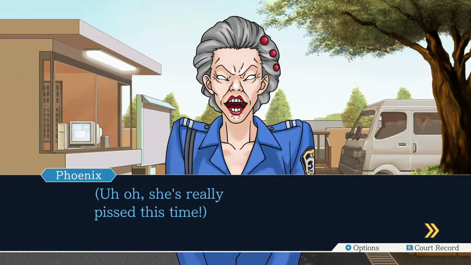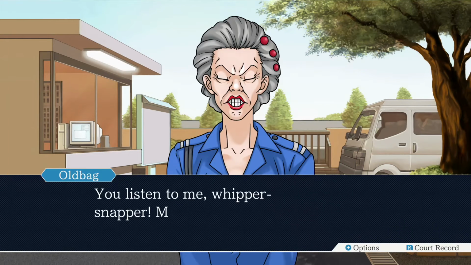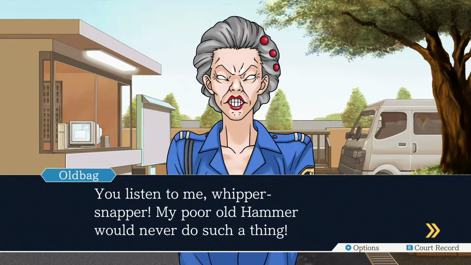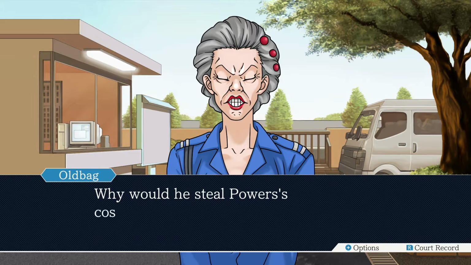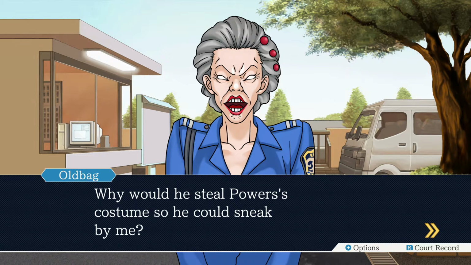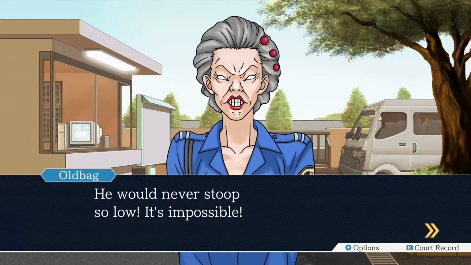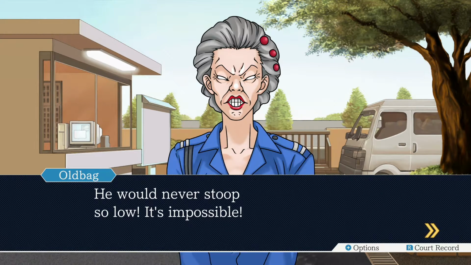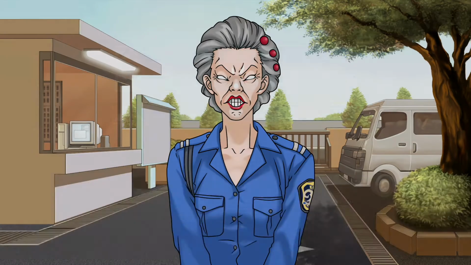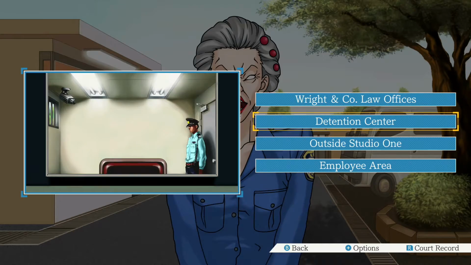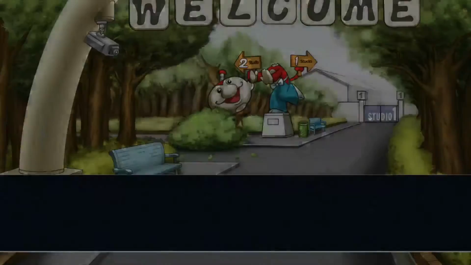Like, that's not her mood literally all the time. You listen to me, whippersnapper. My poor old Hammer wouldn't have done such a thing. Why would he steal Powers' costume so he could sneak by me? Maybe he didn't want to talk to you, bitch. He would never stoop so low. It's impossible. Cool. Bye. Good talk. I know. Have a nice day.